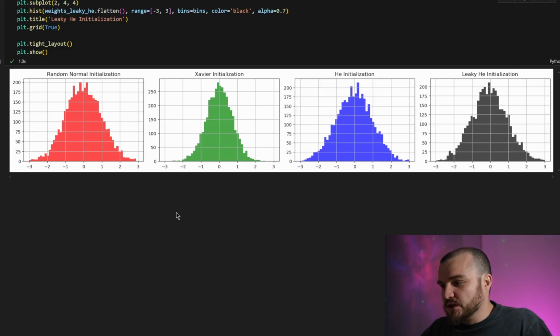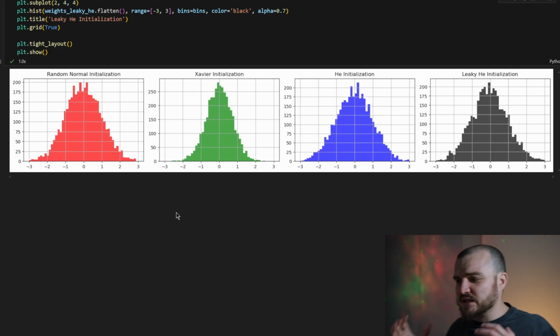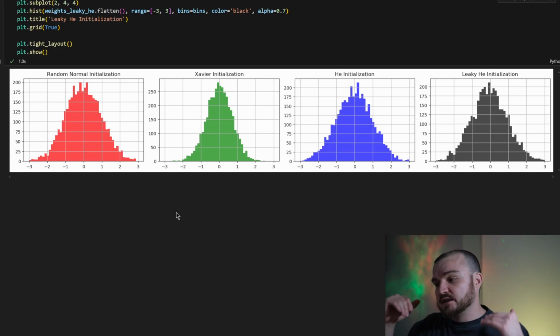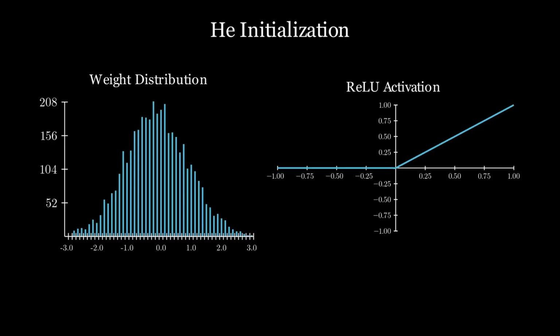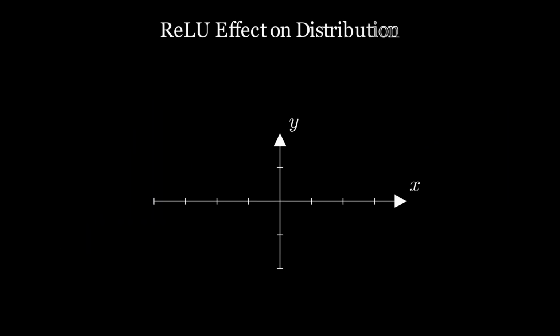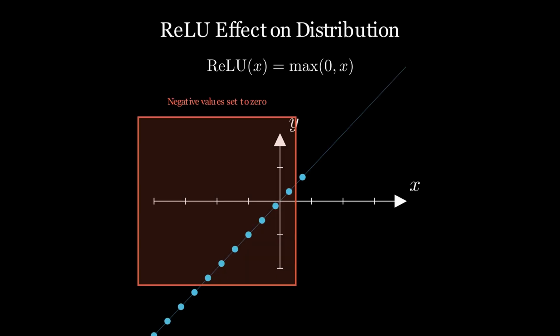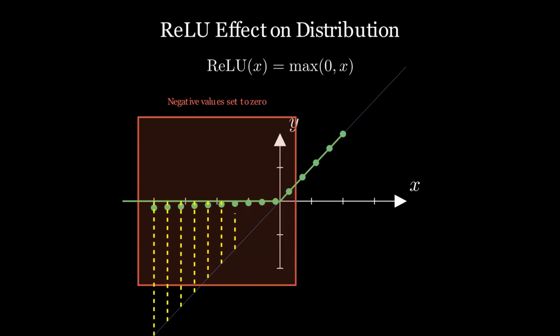He initialization, it's just the blue plot. It shows a slightly wider distribution than Xavier, but still maintains a structured spread. This increased variance compensates for the ReLU activation function's tendency, when we are in the negative range, ReLU just zeroes out the negative values.